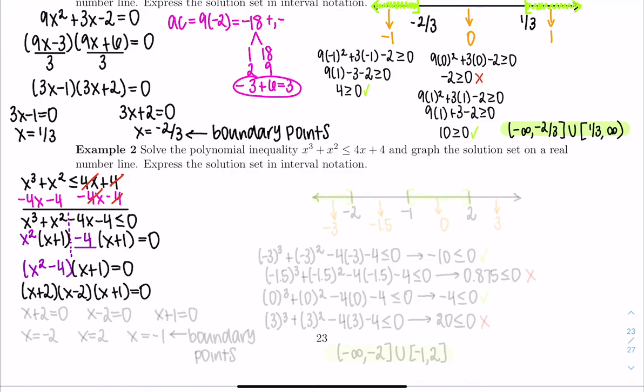So setting this equal to 0 to find those boundary points, we get x plus 2 equals 0, x minus 2 equals 0, and x plus 1 equals 0. And so we end up with x equals -2, x equals 2, and x equals -1 as boundary points.